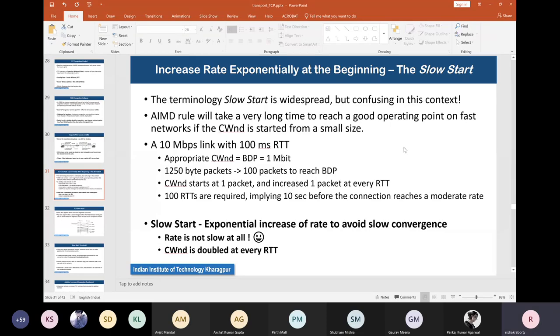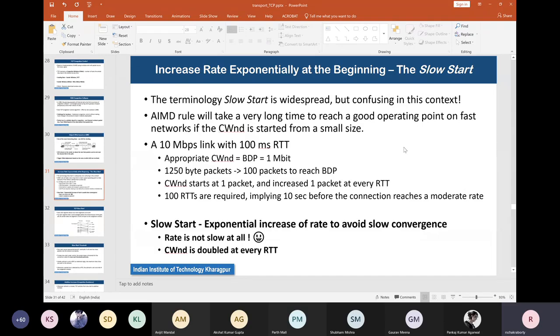One problem with AIMD is that if you adopt it from the very beginning, the CWND starts from a small size, like 1, and then to reach a good operating point, something close to optimal, it takes a long time. An example: a 10 Mbps link with 100 millisecond round trip time, both very reasonable practical values.